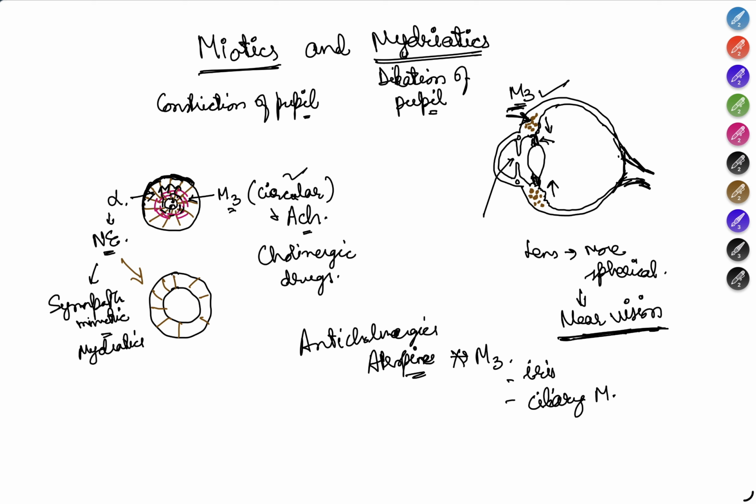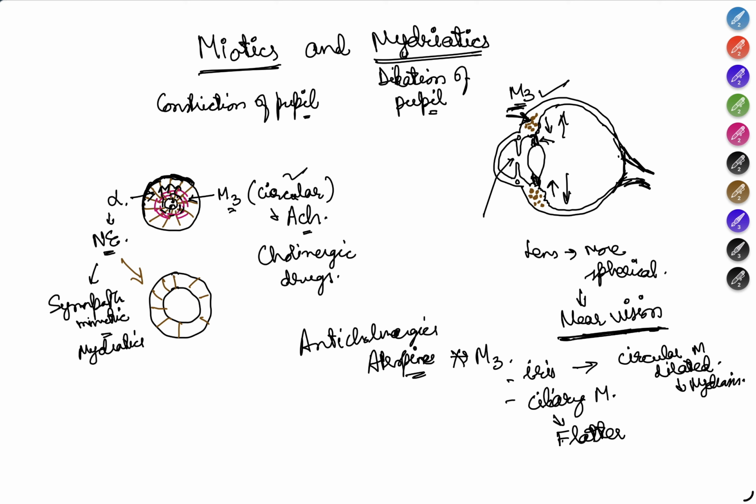So what will that do? In case of the iris, when it is blocked, it will lead to dilation of the circular muscle. So the circular muscle goes into dilation, and whenever that is dilated, it will lead to mydriasis. Okay, so there will be mydriasis, and the ciliary muscle, when it is relaxed, it will push these zonules apart, and the lens becomes more flat.